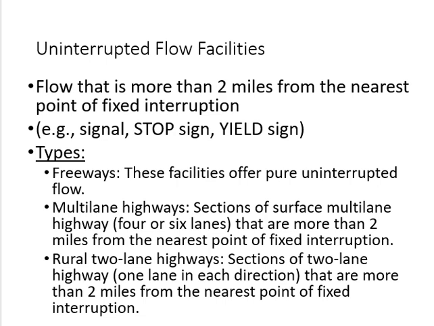Both of them have intersections, but we are putting them under uninterrupted because their intersections are more than 2 miles apart. Clear? Okay. So this one without intersections. This one with intersections more than 2 miles and many lanes. This one with intersections more than 2 miles with only 2 lanes. Clear? Okay.